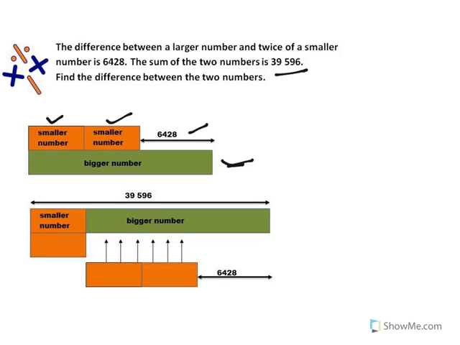As I have shown over here, we put the smaller number as it is, and instead of the larger number, we put in 2 times the smaller number and the difference 6,428 to represent the larger number.